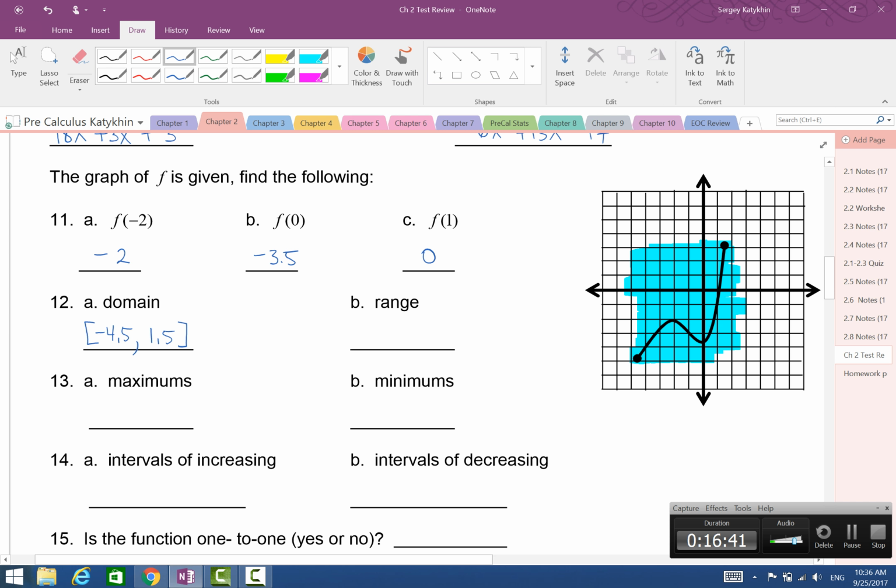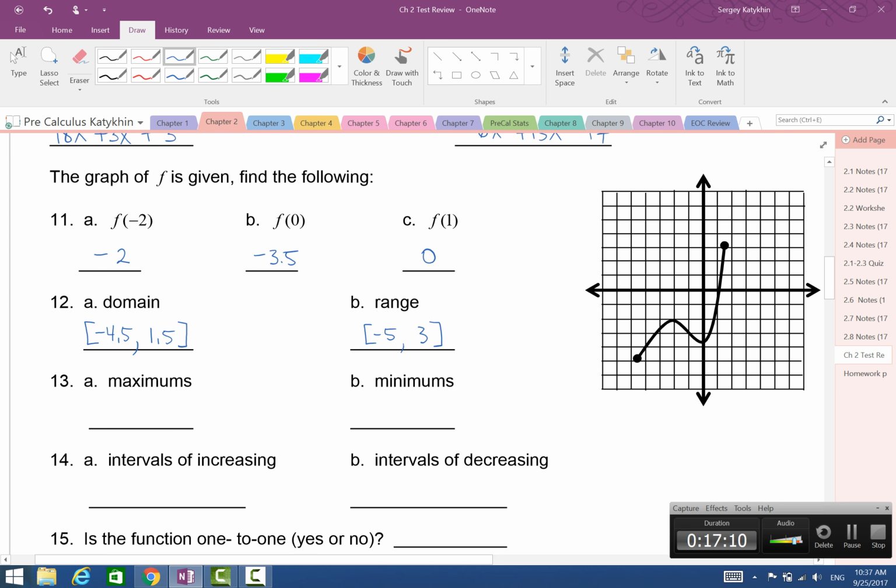It goes down to -5, and it goes up. I'm going to call it 3, even though it may look slightly above 3. So the range would be -5 to +3. That's how far the function goes. Since the circles are closed, that means it does include them.